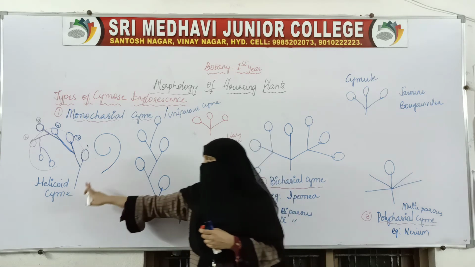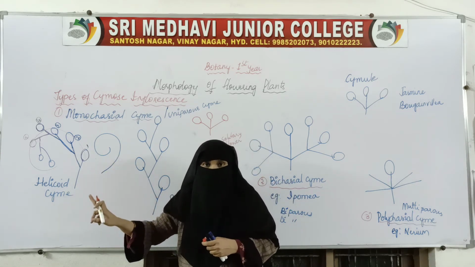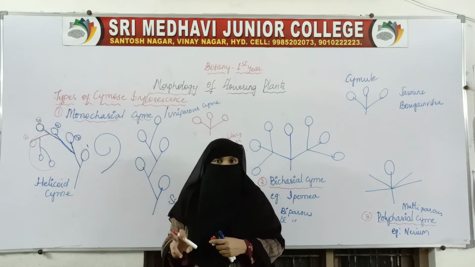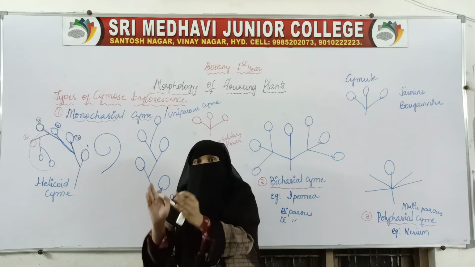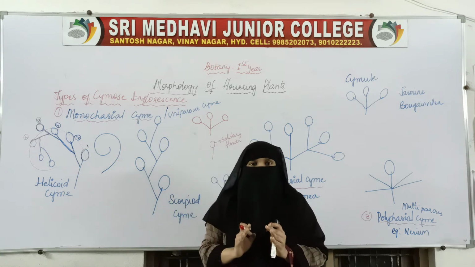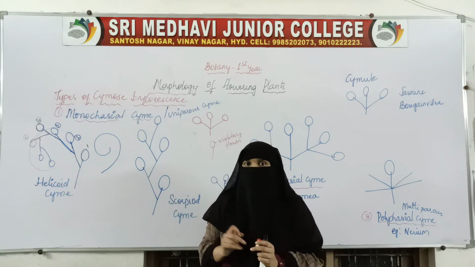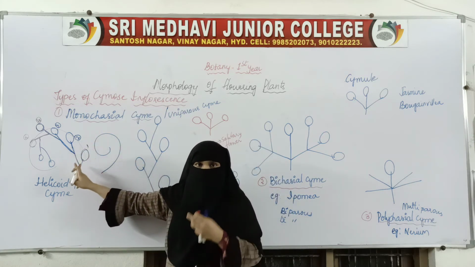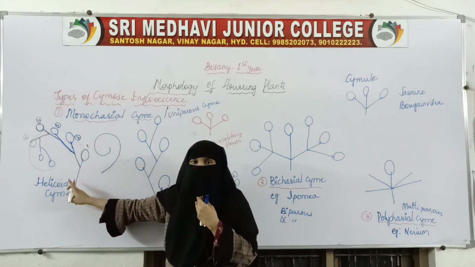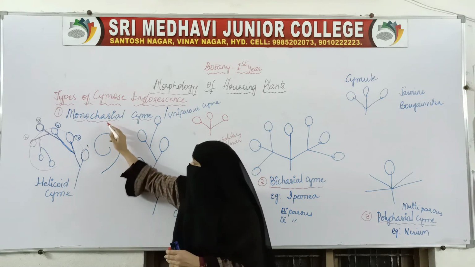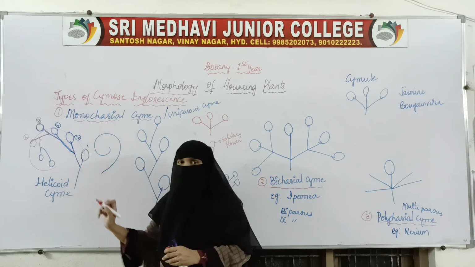Every time it produces one branch, that branch terminates into a flower, and all the branches are at the same side. This type of arrangement of flowers is monochasial helicoid cyme.